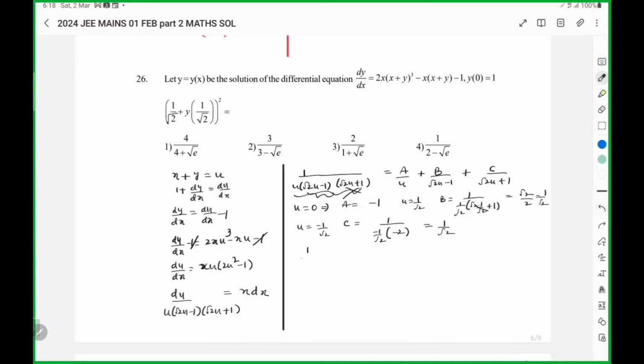So here it is u into root 2u minus 1, root 2u plus 1. Here a is minus 1 by u, plus 1 by root 2 into root 2u minus 1 plus 1 by root 2 into root 2u plus 1. Integral of 1 by u.